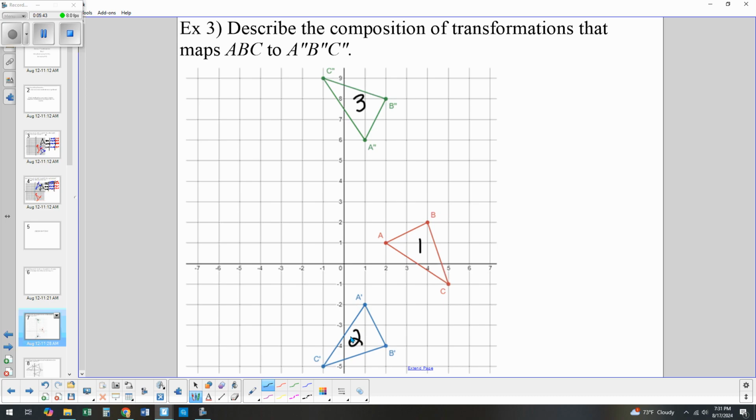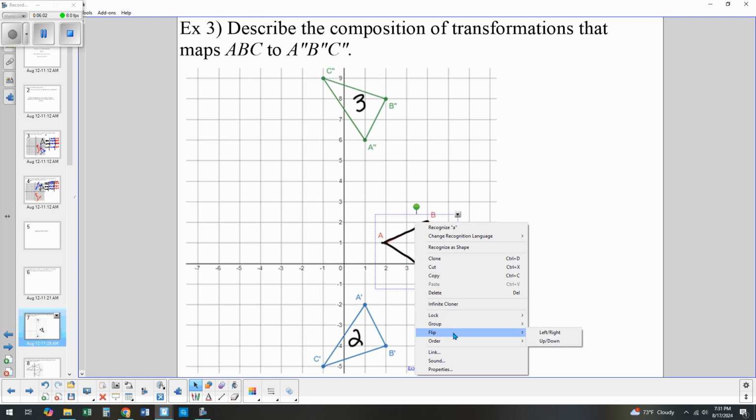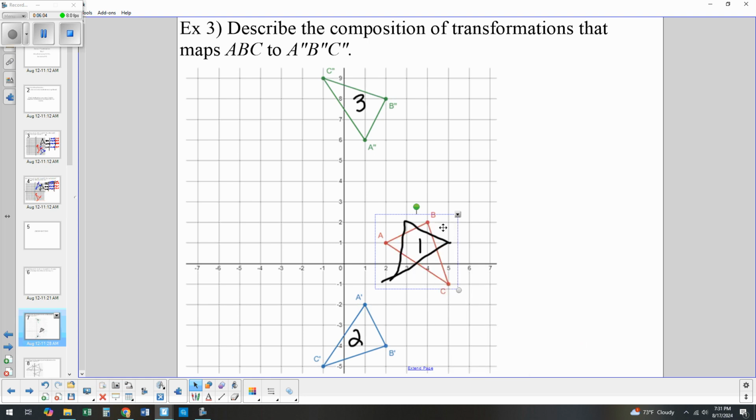Visually, I could tell that it wasn't a translation. This is going to be very rough looking. Ooh, that was bad. But if I tried to take these lines and just shift them this way, it does not lay on top of it. And if I flipped it over, let's try to do flip, up, down, or left, right.